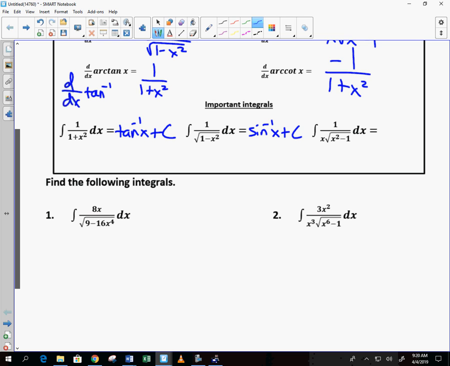And the antiderivative of 1 over x roots of x squared minus 1 is arcsecant. So those are three that you want to keep in mind and remember.